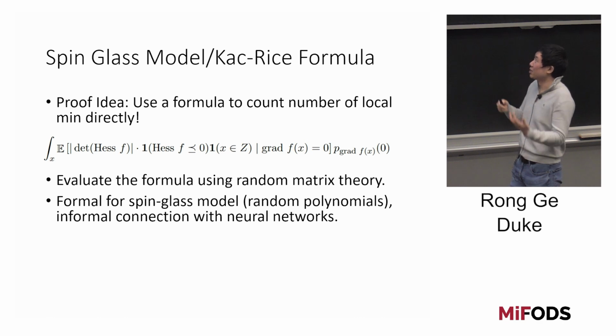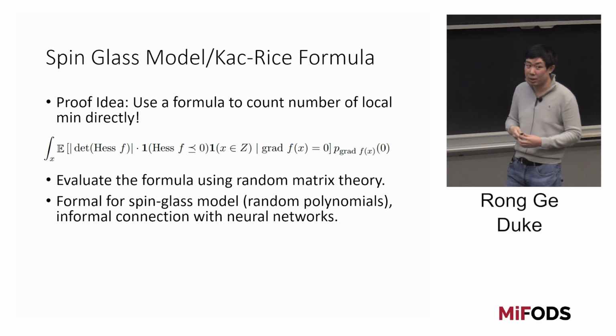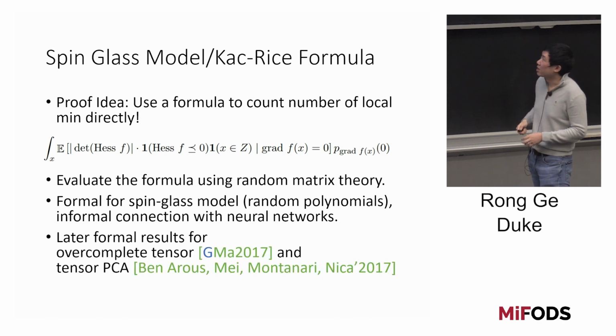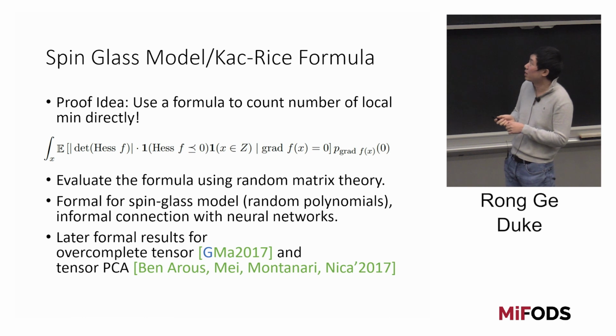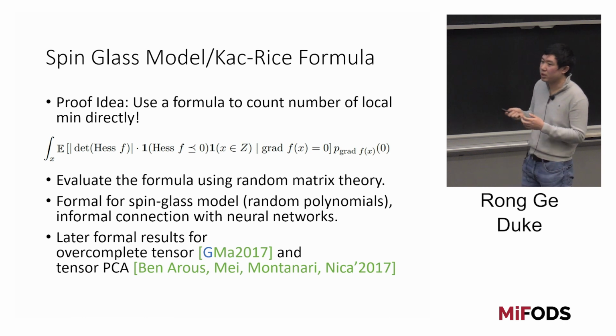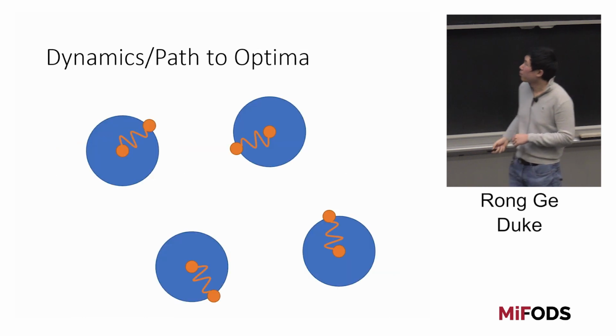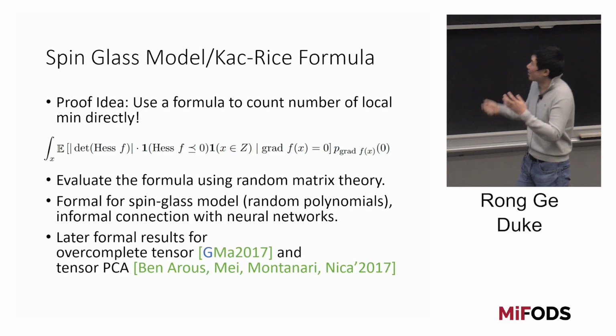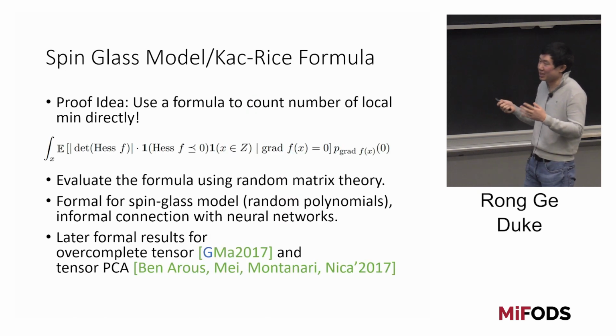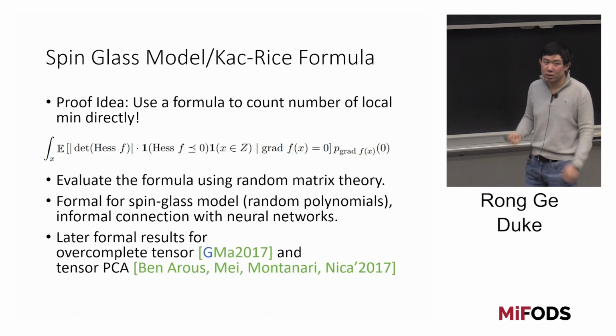The connection to the neural networks is not completely formal, but they believe that the same phenomenon is happening. Later, this approach of using the Factorization formula was used to prove formal results for some overcomplete tensors and also for the tensor PCA problem. But in general, in most cases, evaluating this formula is still very difficult.